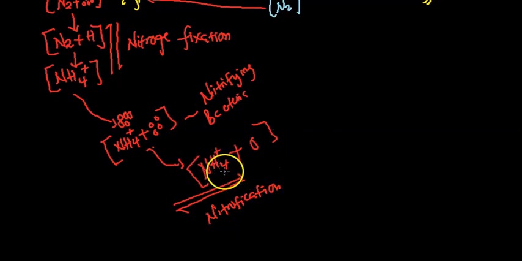When ammonium ion combines with oxygen, this is going to form nitrite, which is NO2 minus. This is what is formed.